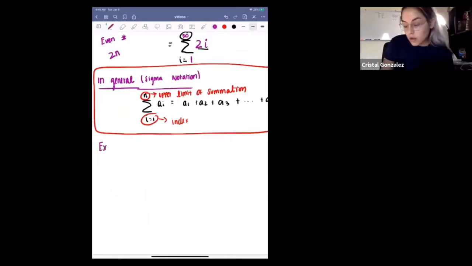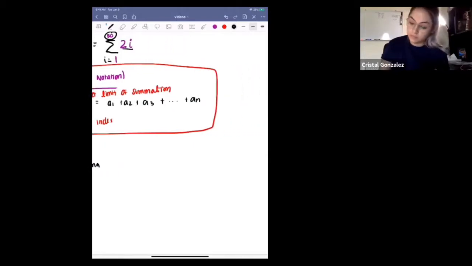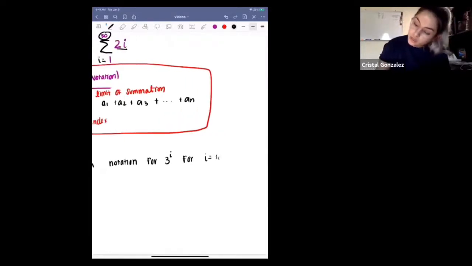We'll do a lot for this section just because it's something fairly new and I want you guys to get used to it. So for the first example, I want you to write the sigma notation for 3 to the i, where i is going to go from 1, 2, 3, 4, and 5.